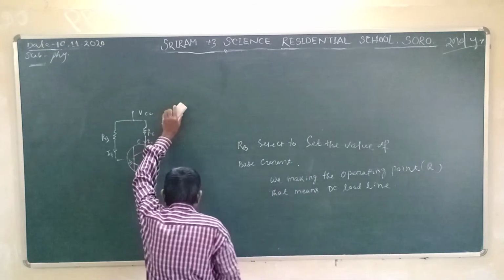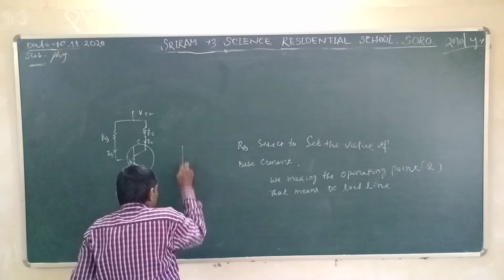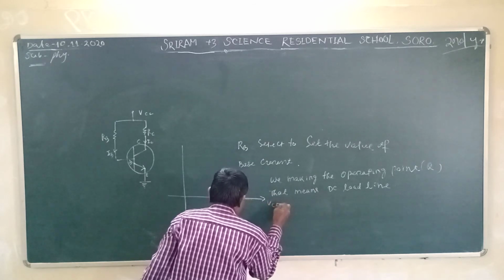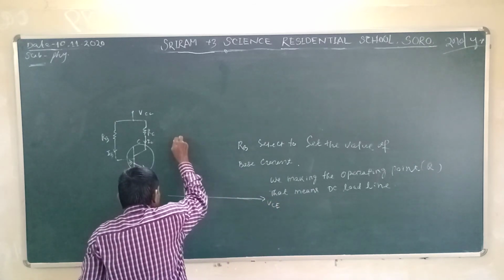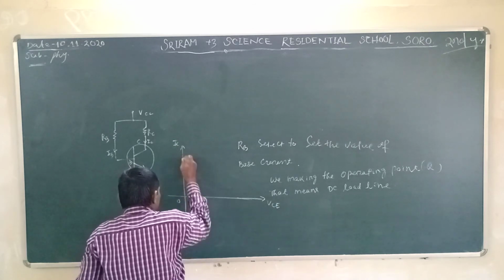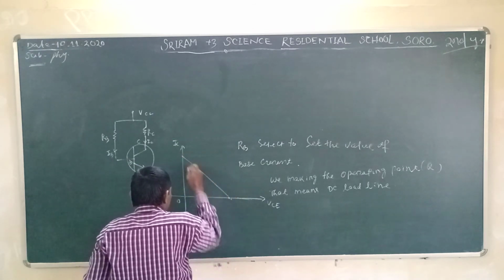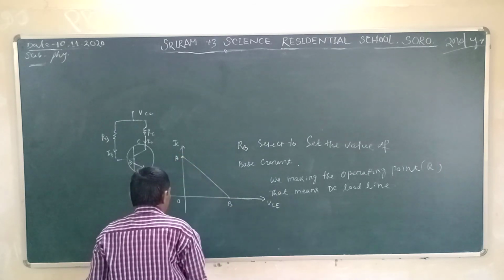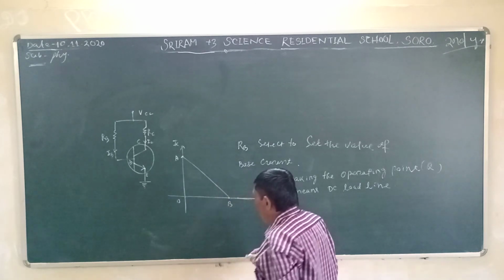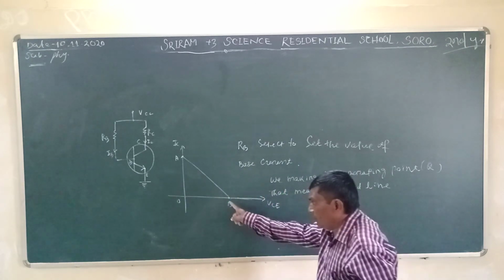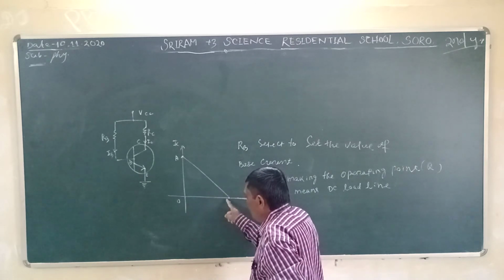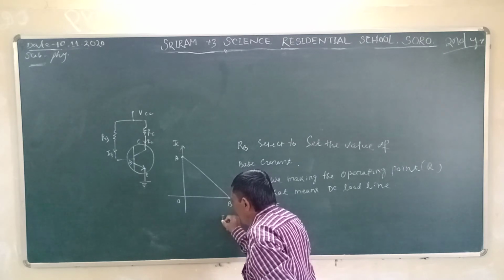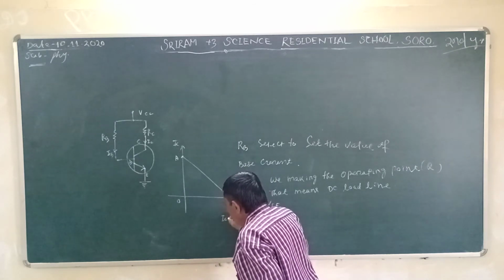DC load line means the curve between VCE versus IC. Now this is the DC load line. Suppose this is the B point and this is the A point. Now at the point B, IC equal to 0.